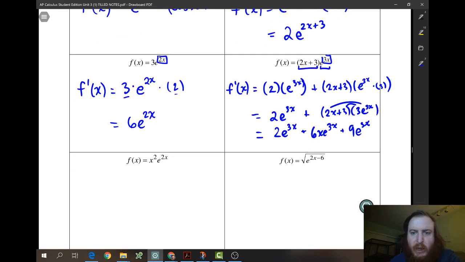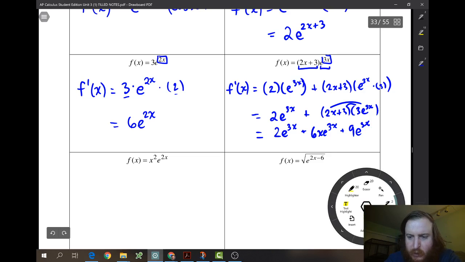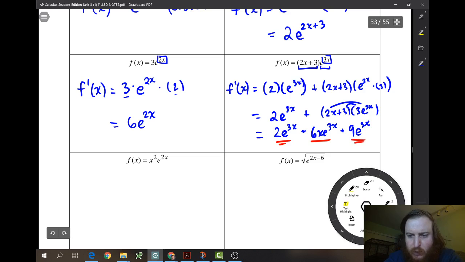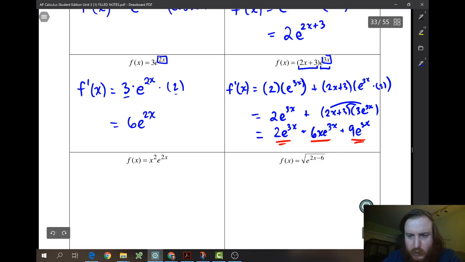Our like terms are anything that have the same e to the 3x portion. The x e to the 3x is going to be alone, but 2e to the 3x and 9e to the 3x both share that e to the 3x, so they're like terms. So this will be 6x e to the 3x plus 11 e to the 3x.